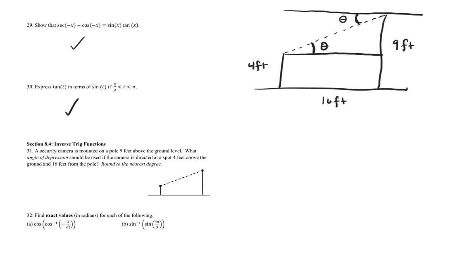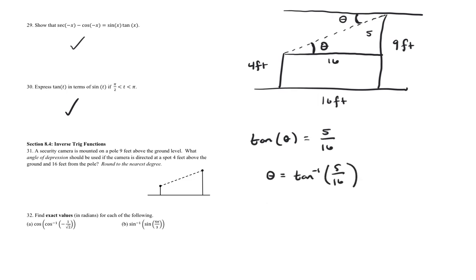I know that the adjacent side to this angle theta is 16, and this opposite side is going to be a height of 5 feet, right? Because 9 minus 4 is 5. So I'm essentially looking at tangent of theta is equal to 5 over 16, opposite over adjacent. So therefore, theta is equal to tangent inverse of 5 over 16.